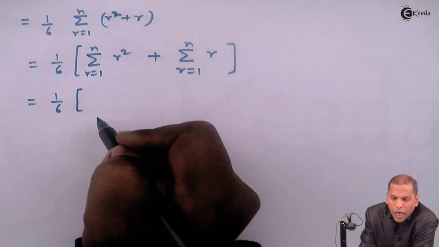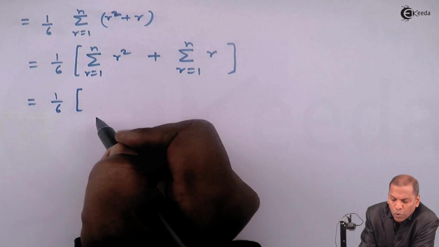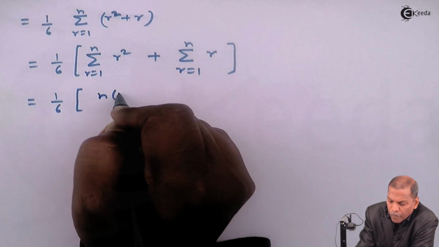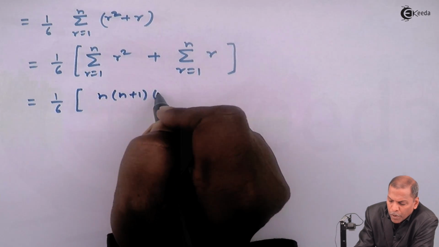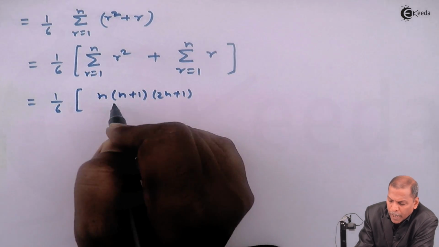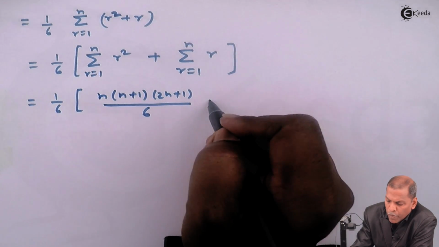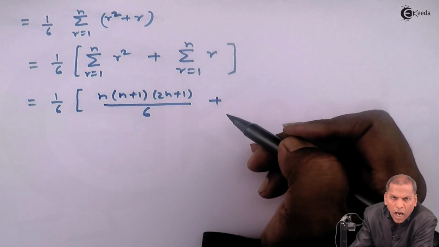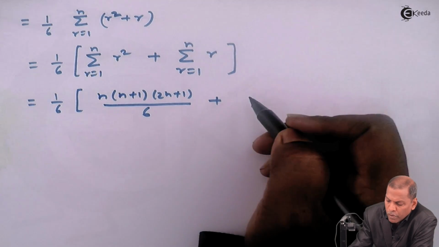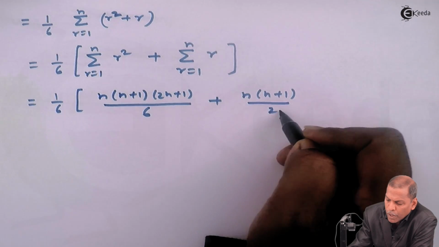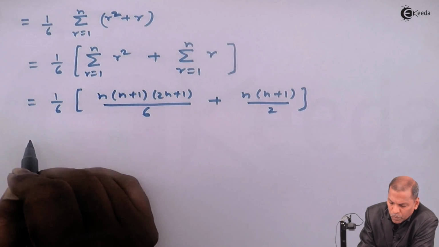Now for summation r square, by using theorem 2 we have the formula n in bracket n plus 1 next bracket 2n plus 1 whole thing divided by 6 plus for summation r by using theorem 1 n in bracket n plus 1 upon 2.